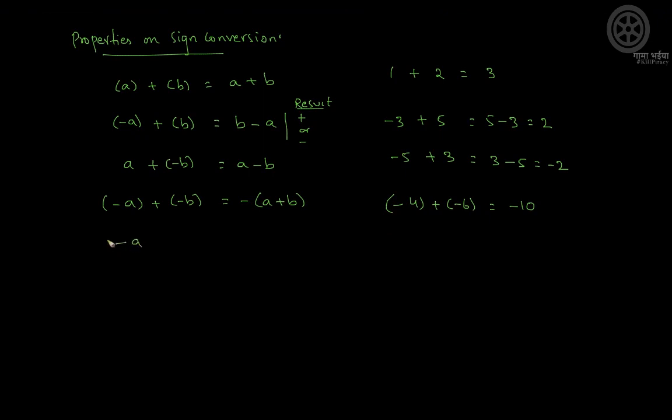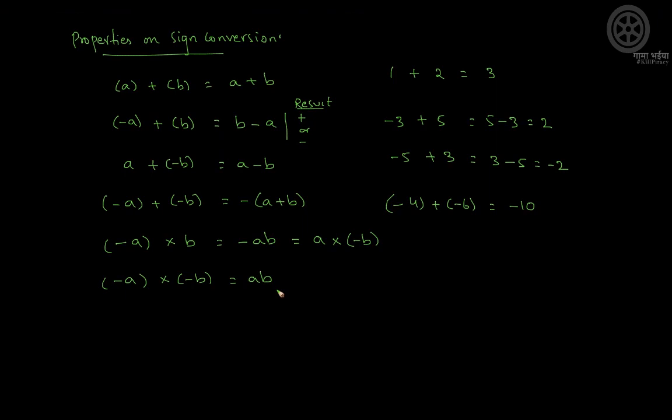Similarly, minus a into b gives minus ab. This is also equivalent to a into minus b. If you have both negative signs, the answer will be positive ab. Minus into minus gives plus.